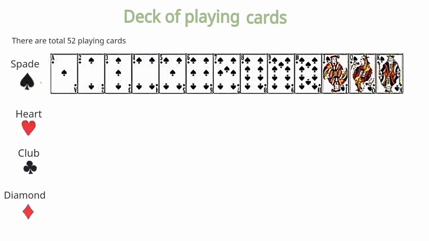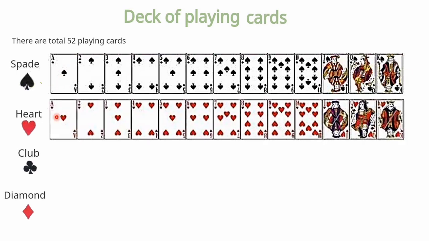And in all these 4 categories, the division is the same. Means 3 face cards, 9 number cards, and 1 ace. That is the division. In hearts also the same thing: A, 2, 3 up to 10, then again Jack, Queen and King.